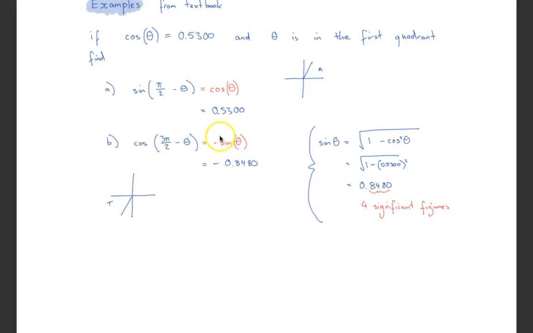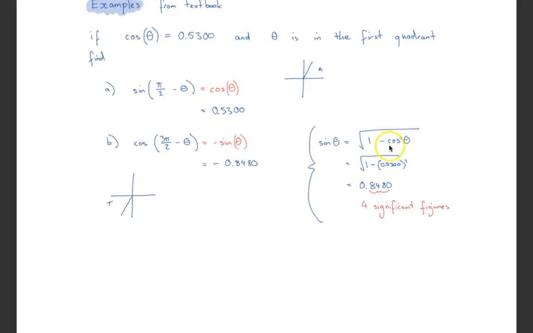So we need to find what sine of theta is. We can find it from the cosine value that they've given us up here. We're using the trigonometric identity, sine squared theta plus cos squared theta equals 1. I've rearranged that just as we did in previous questions so that sine of theta is equal to the square root of 1 minus cos squared of theta.